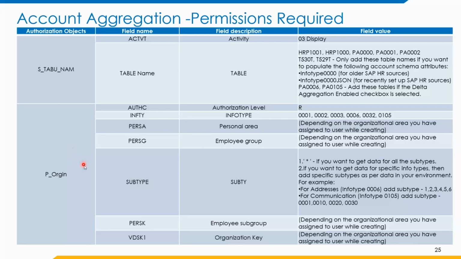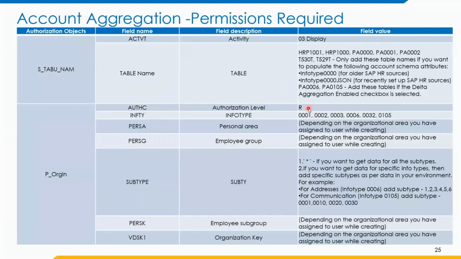Coming to P_ORIGIN, as we have seen, P_ORIGIN is used for the authorization check when we are trying to edit or read the info types of the SAP HR system. You can see the field name is AUTHC, which specifies the authorization level, that is read.